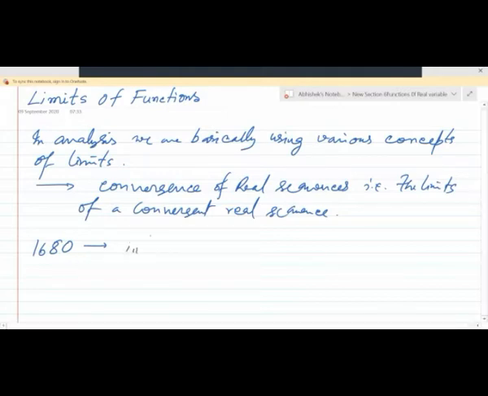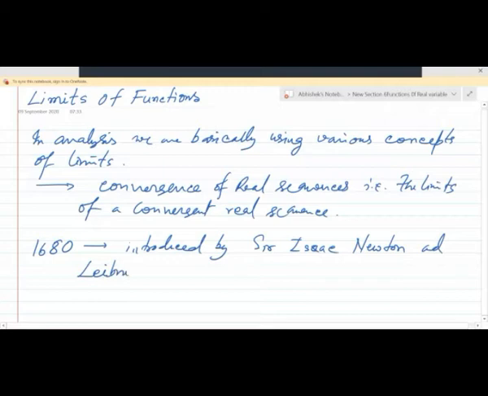Okay, and also at the same time it has been initiated by Gottfried Leibniz.